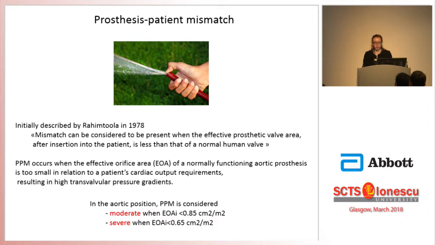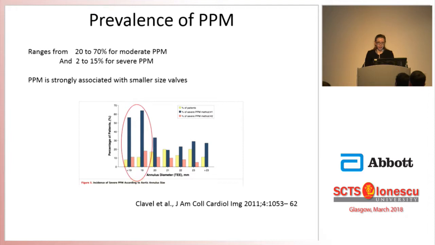In the aortic position, it is considered moderate when the indexed effective orifice area is less than 0.85 cm²/m², and severe when it is less than 0.65 cm²/m². Its prevalence ranges from 20 to 70% for moderate PPM and 2 to 15% for severe PPM, and it is strongly associated with smaller size valves.